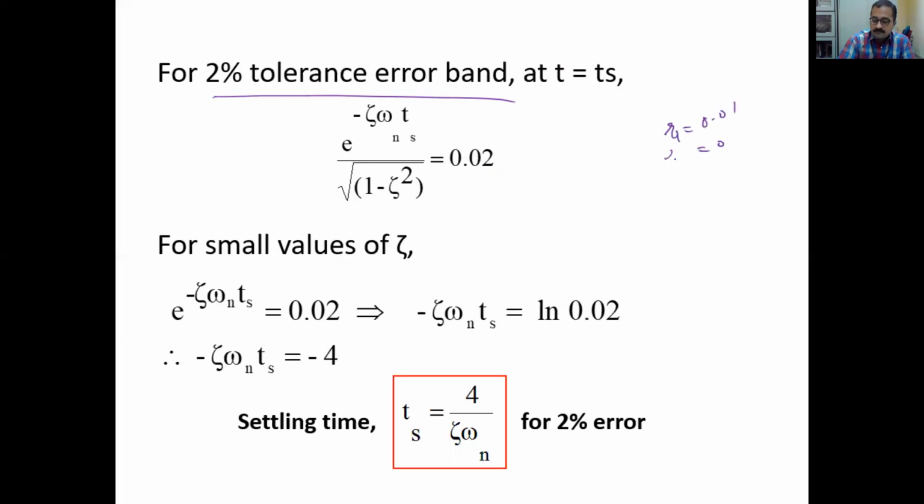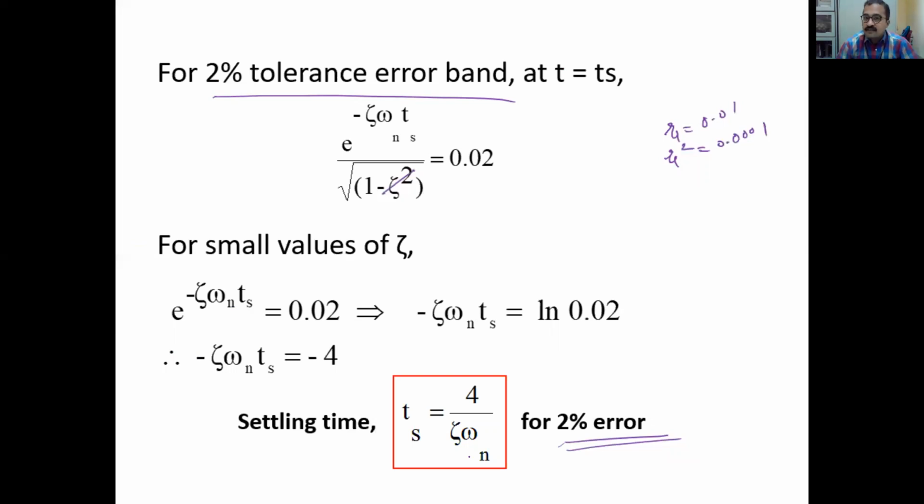It will be even smaller, 0.0001. So the root term becomes close to 1. So e raised to minus theta omega n ts equal to 0.02, which implies settling time is equal to 4 divided by theta omega n. Keep in mind that is for 2% tolerance error. Okay, so settling time for the 2% error criterion is 4 divided by zeta omega n.